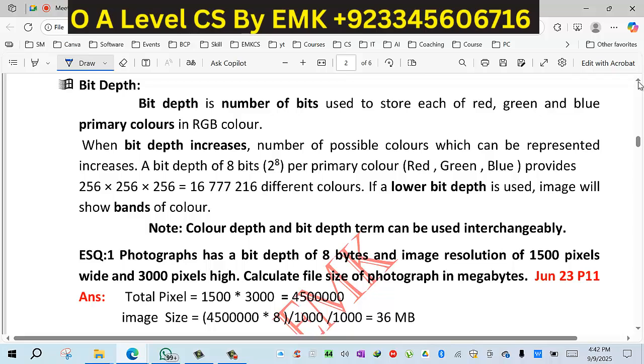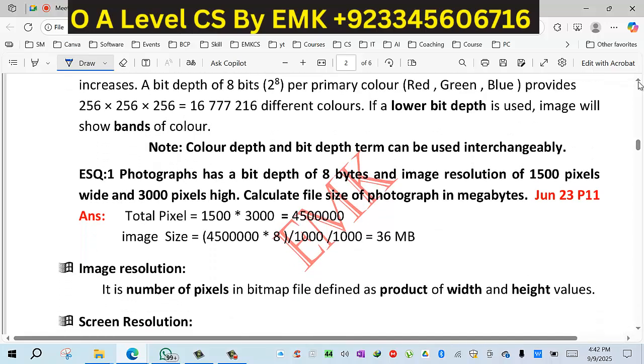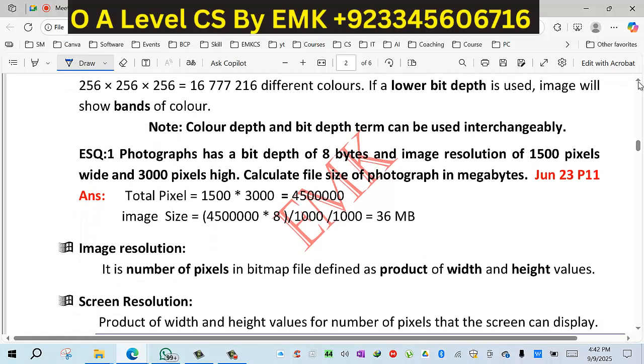Let's suppose मेरे पास एक एग्जाम स्टाइल क्वेश्चन है. This is a question. Photograph has a bit depth of 8 byte and image resolution of 1500 pixels wide and 3000 pixel high. Calculate the file size. तो इसका मतलब है कि you need to find the total pixel first.